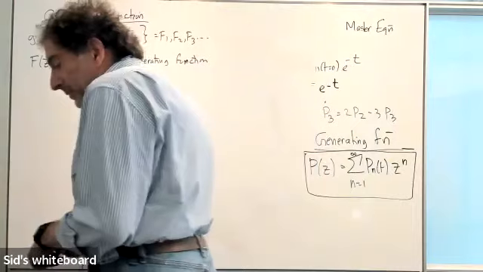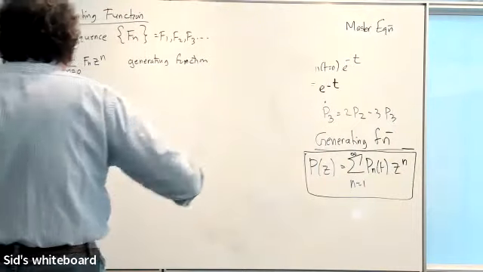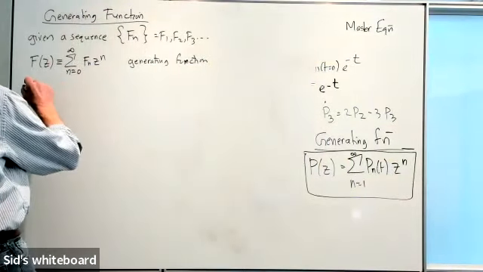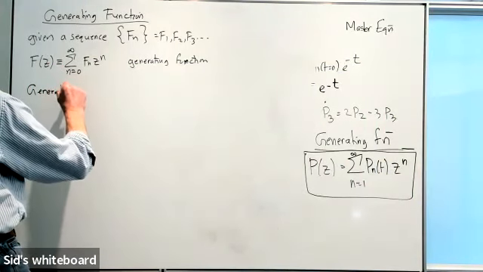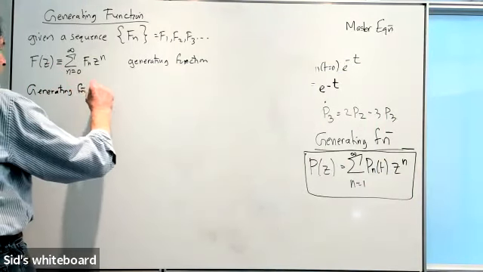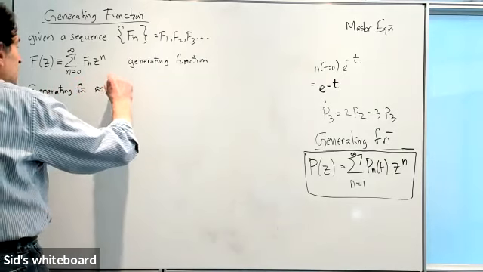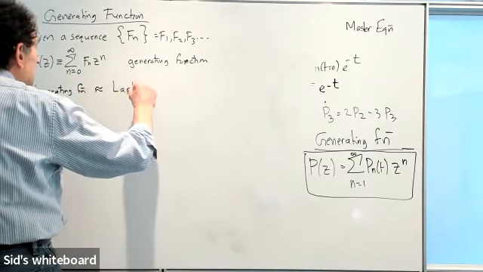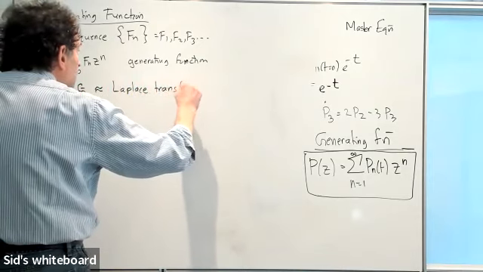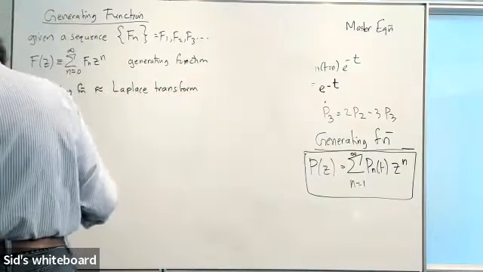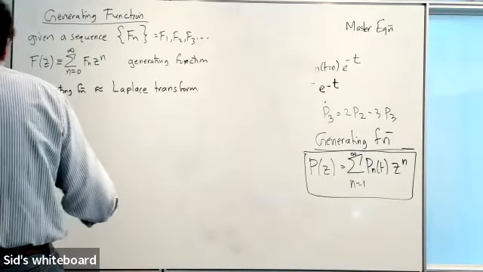Now, the other point about this is that the generating function is roughly speaking the same as the Laplace transform. And that's part of the reason that we write it in this particular way. So let me remind you what the Laplace transform is.